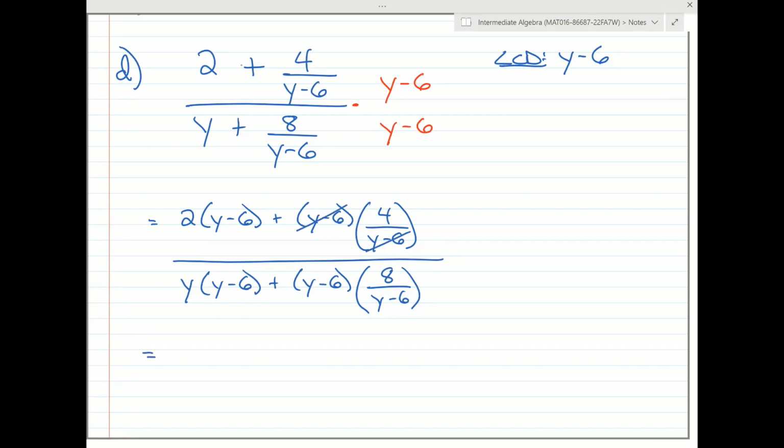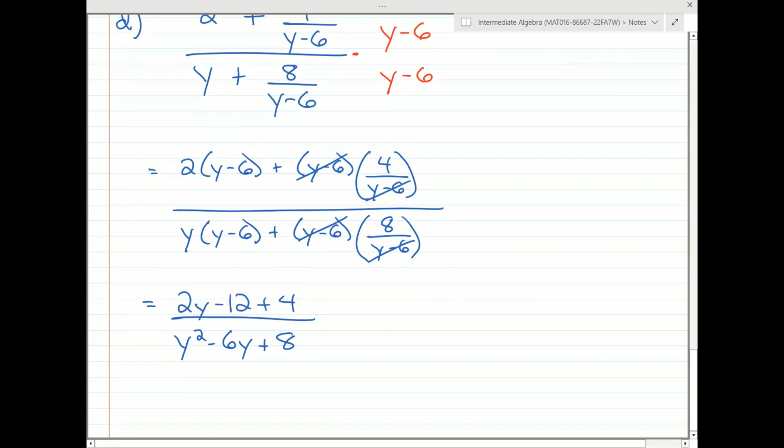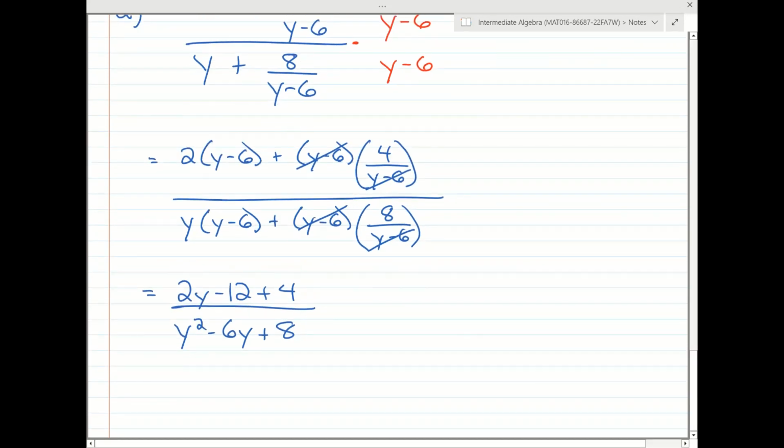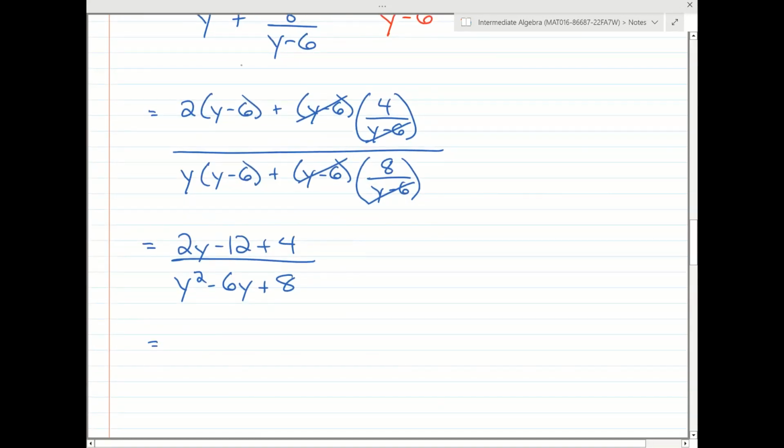These denominators cancel, and we're just left with 2y minus 12 plus 4 divided by y squared minus 6y plus 8. Cleaning this up a little bit, this would just be 2y minus 8 over, this factors to be y minus 4 times y minus 2.